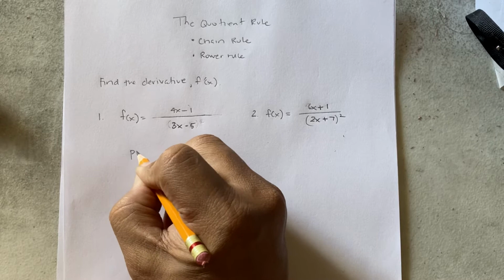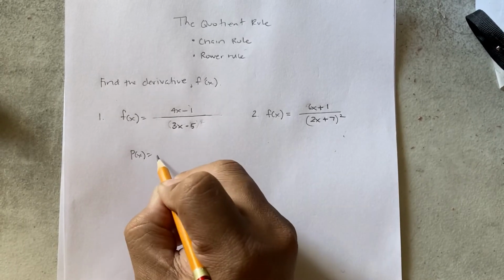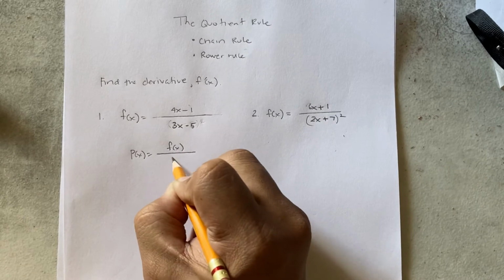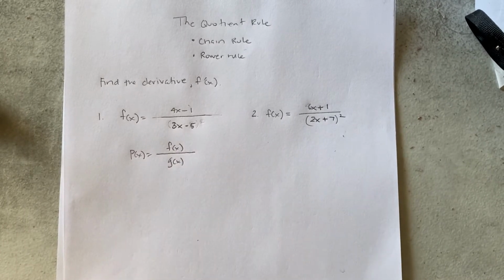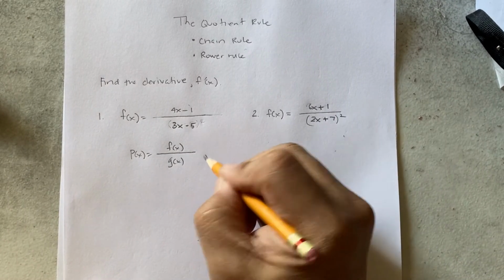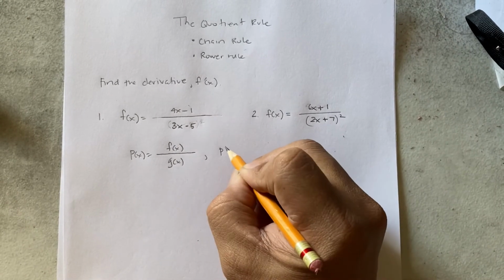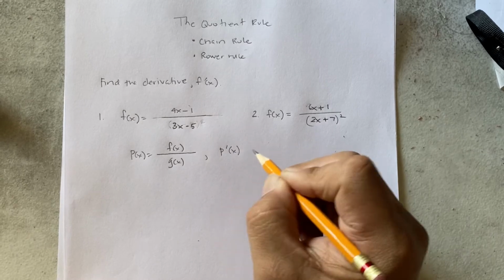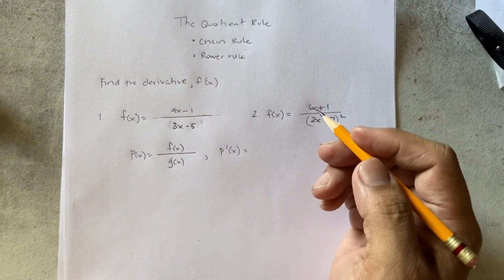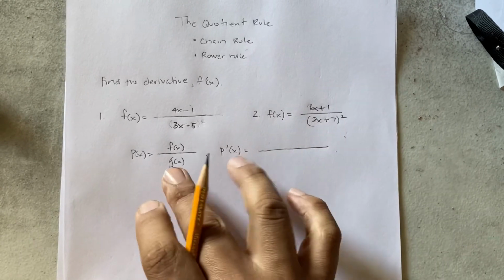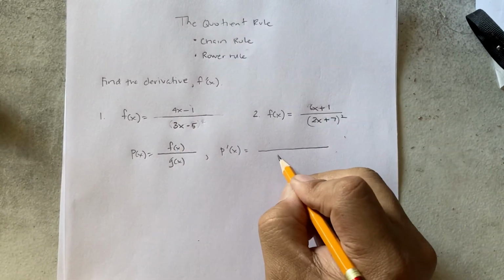Quotient rule. So let's say this is a function where f of x and g of x are polynomial expressions. So p of x equals f of x over g of x, and p prime of x, the derivative, equals, here's the quotient rule.